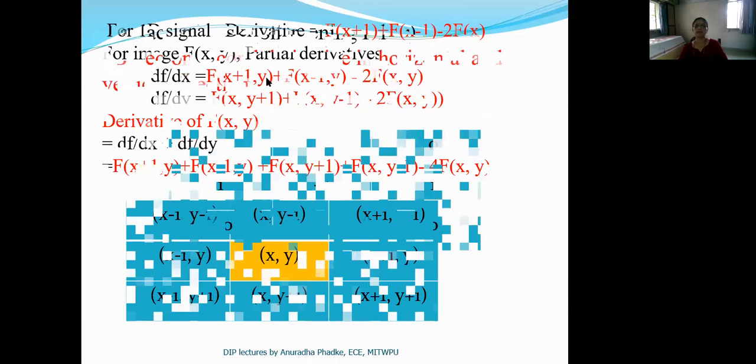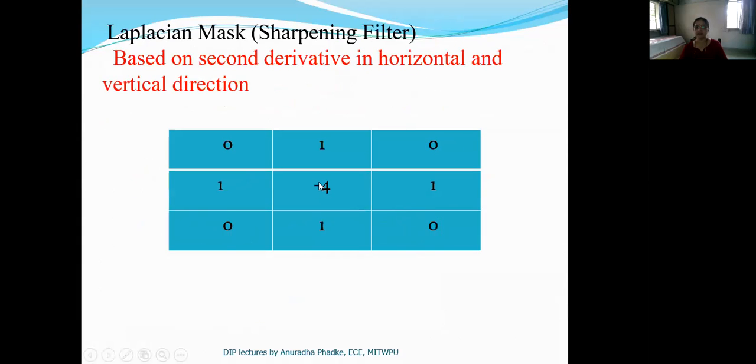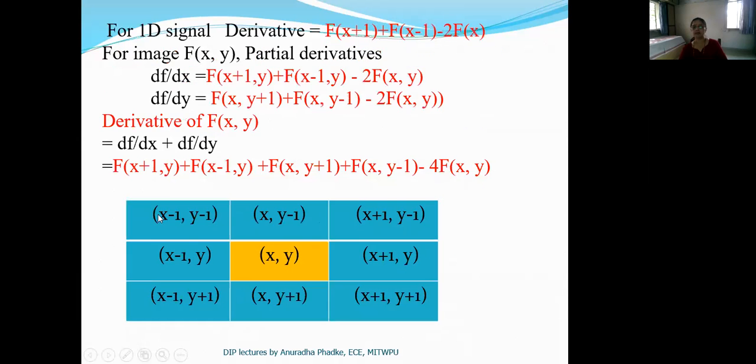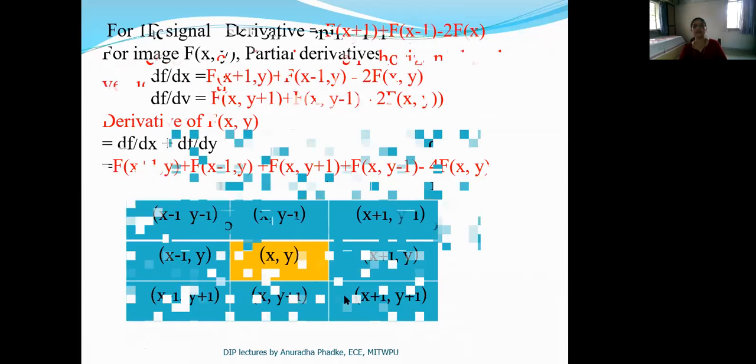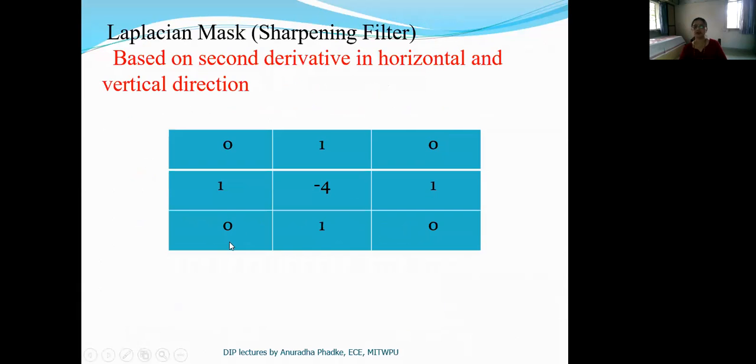So we get this mask: minus 4 in the center, and 1 here, 1 here, 1 here, 1 here. We don't have any term corresponding to diagonal locations, so at diagonal locations we have a 0. This is nothing but the second derivative mask, which we can apply on the image to determine the second derivative, or the output of the sharpening filter.